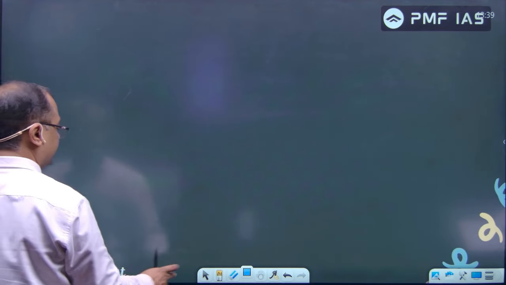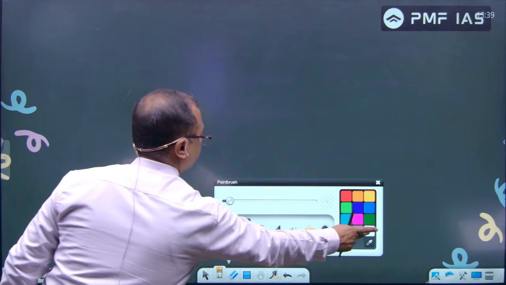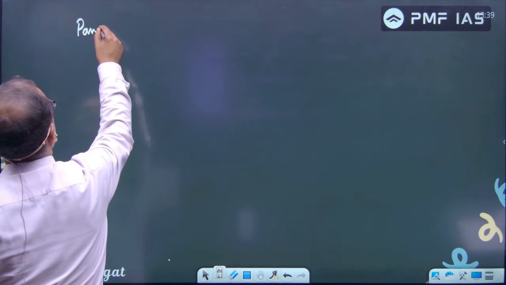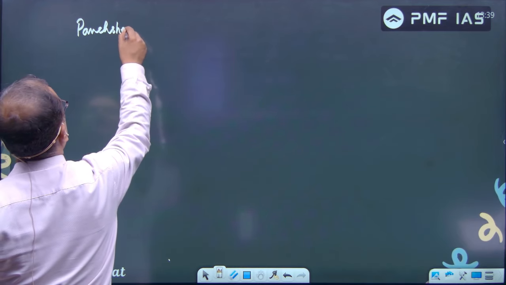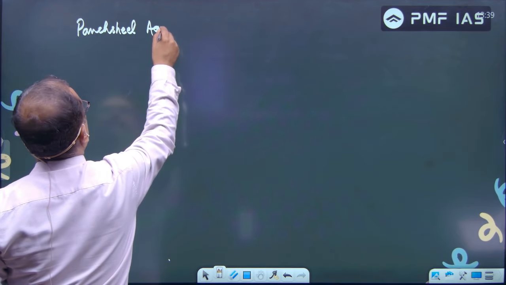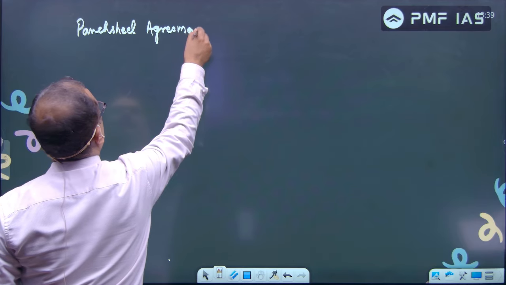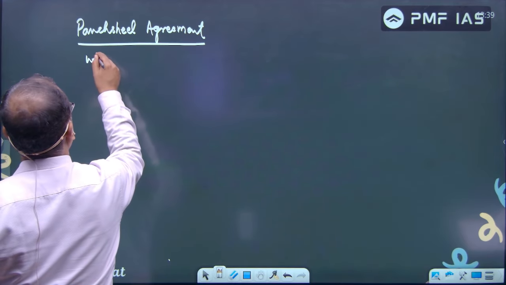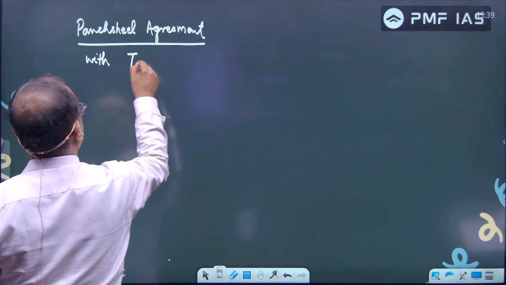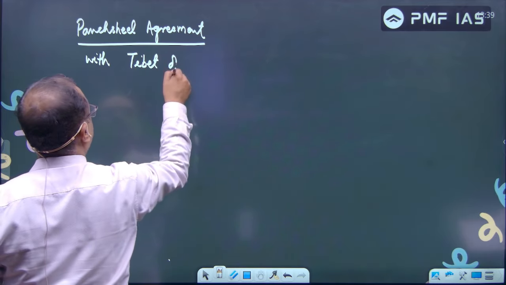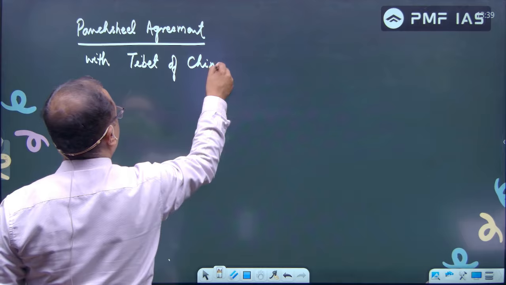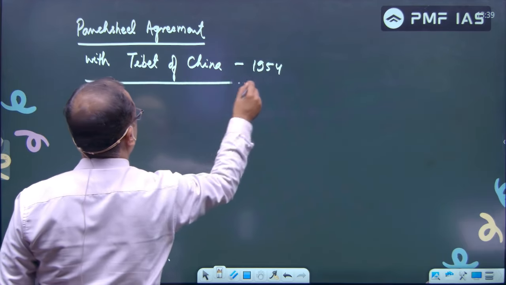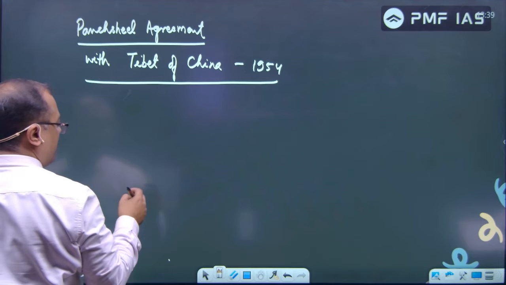Panchasheel agreement with Tibet of China, 1954. So here 5 points were there.